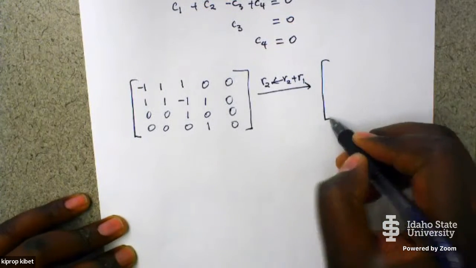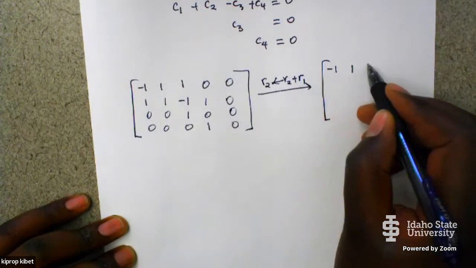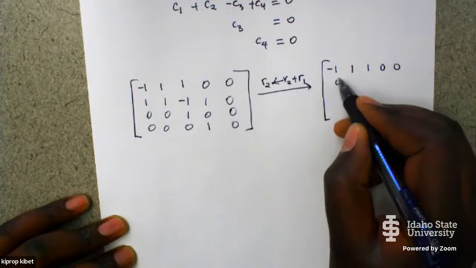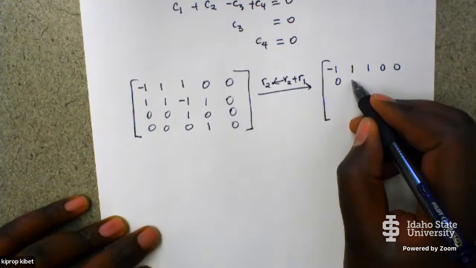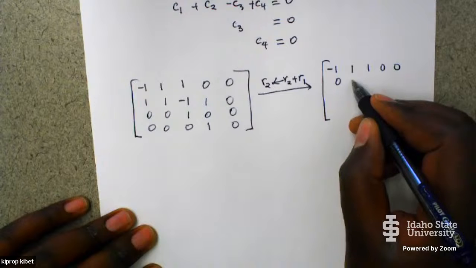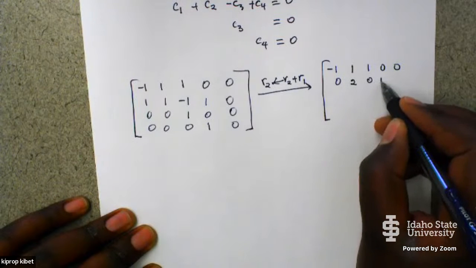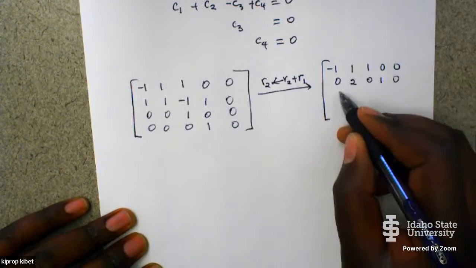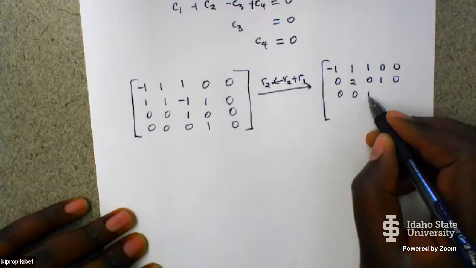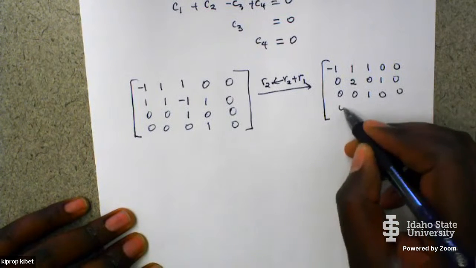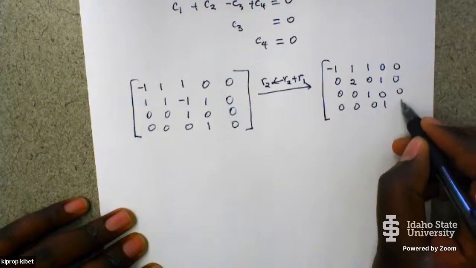So finally, what you get is -1, 1, 1, 0, 0, 0. And then here will be 2, 0, 1, and then 0, and then 0, 0, 1, 0, 0, and then 0, 0, 0, 1, and then 0.